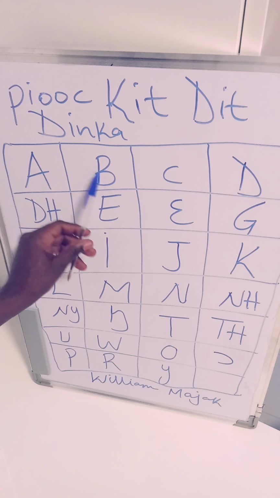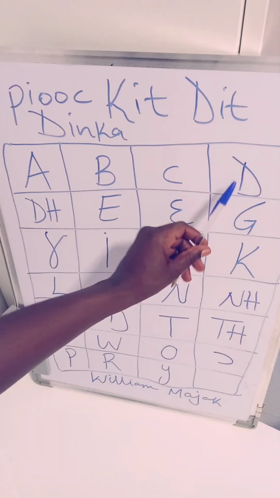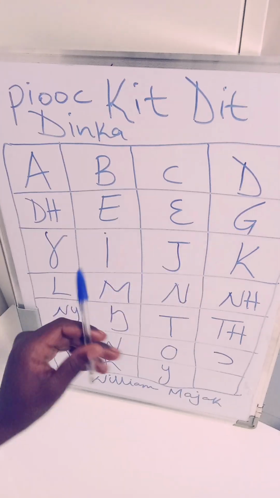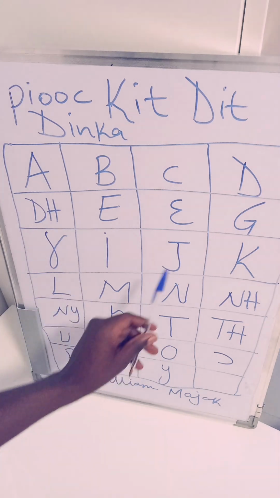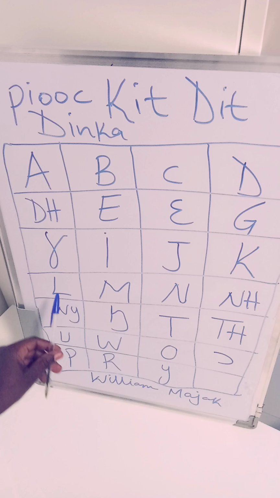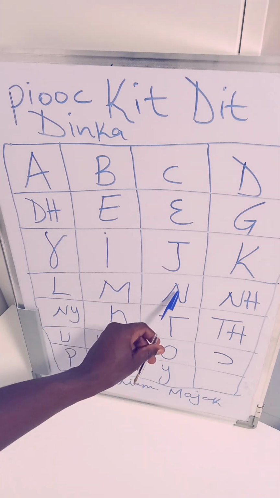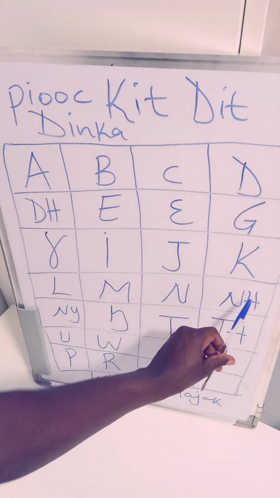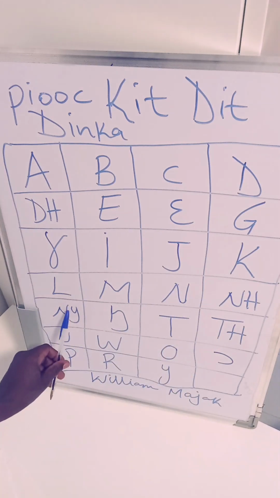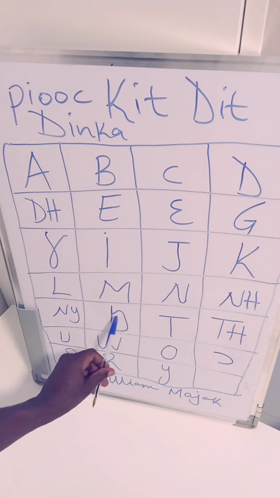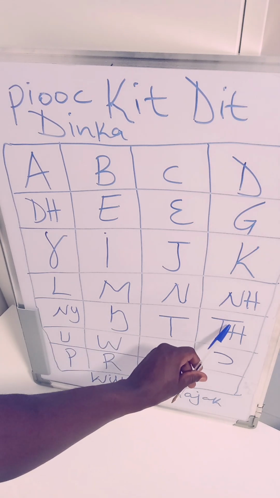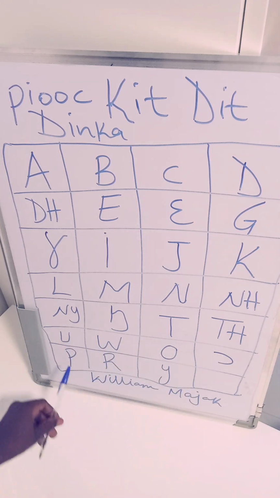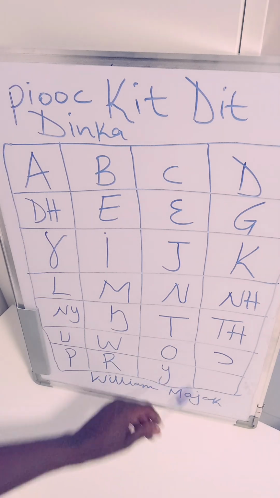A, Ba, Sha, Da, E, Ga, O, I, Ja, Ka, La, Ma, Na, this is Na, No, Na, Nya, this is Nya, Nga, Ta, U, Wa, O, Pa, Ra, Ya.